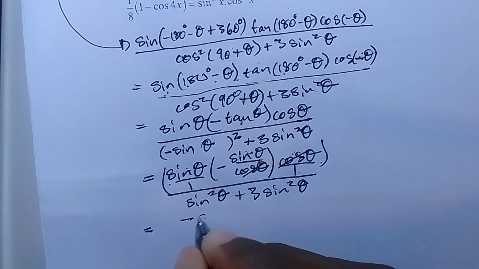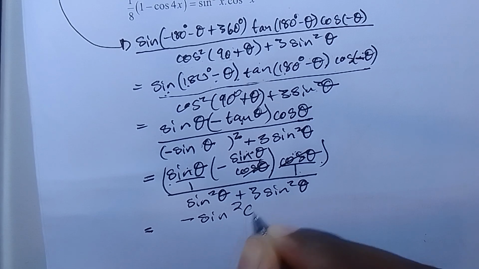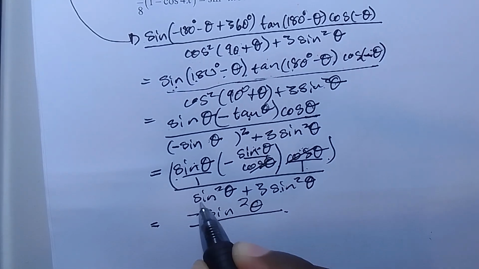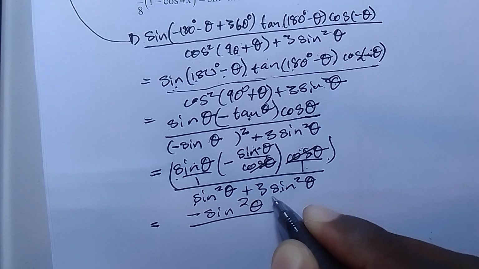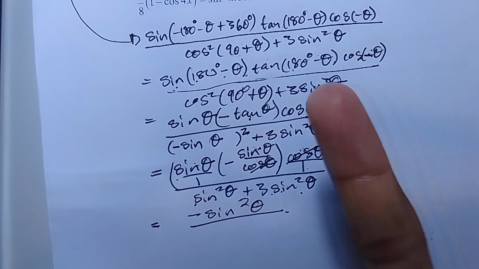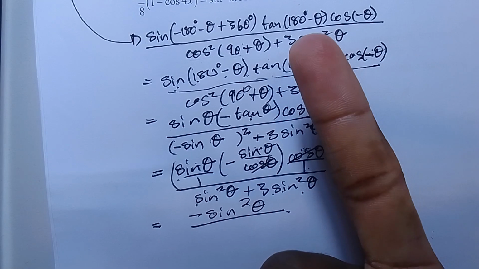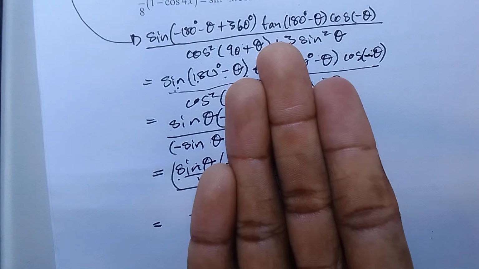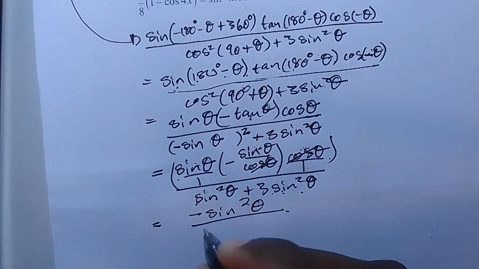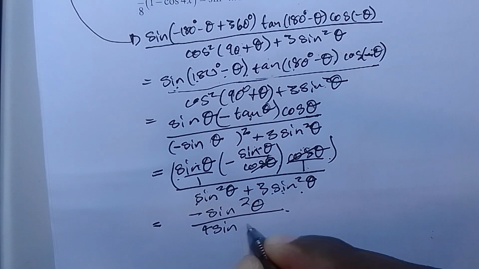So you have negative sine squared theta at the top, and at the bottom you have a single sine squared theta, and to that you are adding 3 sine squared thetas, which means you are going to have 4.